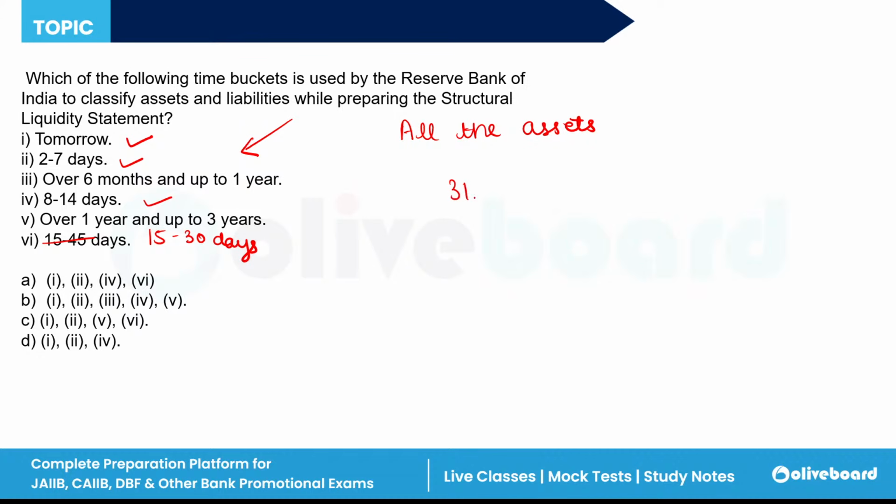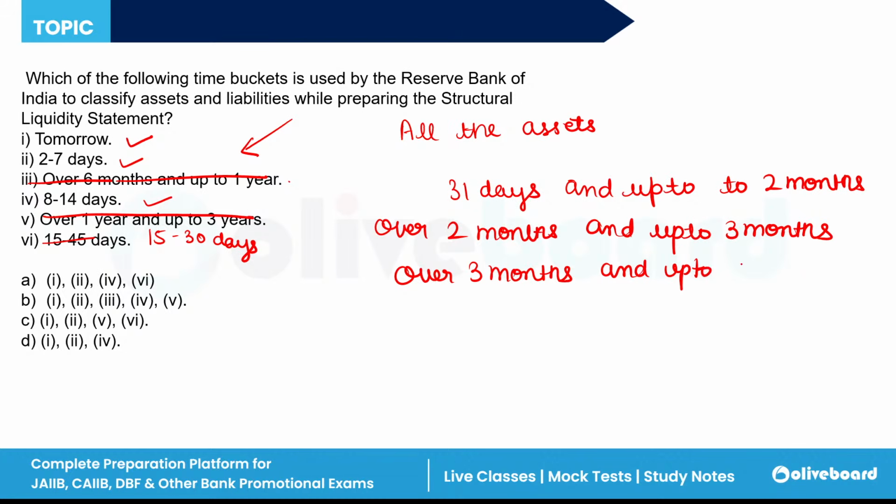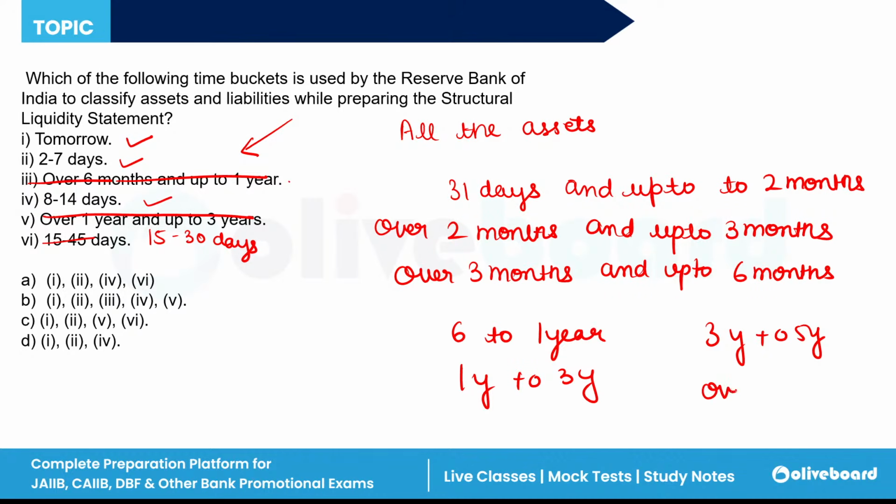Then 31 days is not there; it is 31 days and up to 2 months, over 2 months and up to 3 months, over 3 months and up to 6 months, and over 6 months to 1 year, 1 year to 3 years, 3 years to 5 years, and over 5 years.